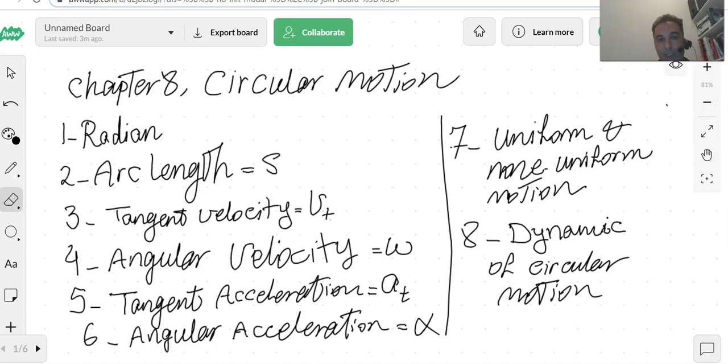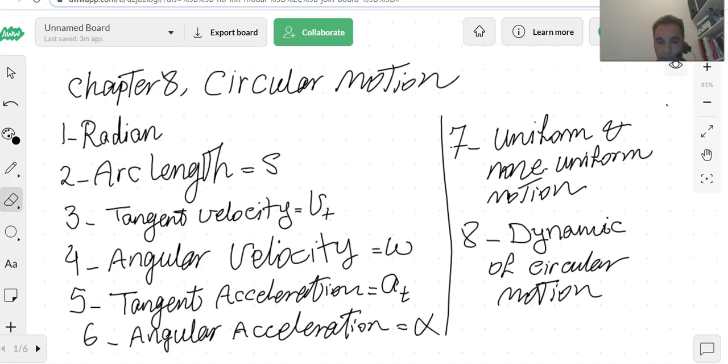I told you that I would keep all circular motion together and do the lecture at the same time, so as not to confuse you. That's why I have all circular motion today. I'll go over it in chapter 8. So I start from chapter 4 and then I will go over dynamics.